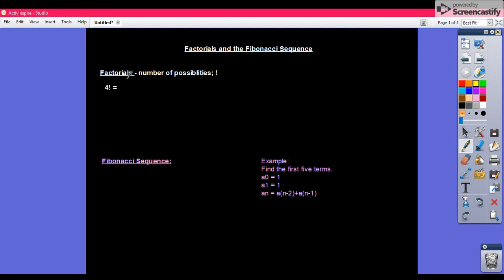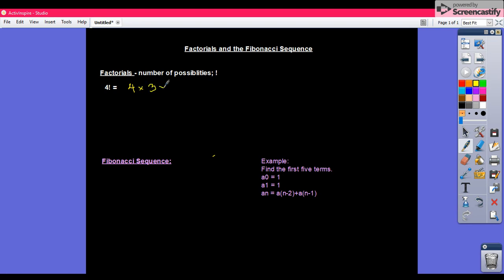If you have a scientific calculator, there is a button for factorial. So you would type in 4, and then there should be a button that says PRB, meaning probability, and you should see the factorial symbol and just type that or push the enter button, and it'll calculate 4 factorial for you. If you're doing it manually, just so you kind of know what it is as well, 4 factorial means you're multiplying 4 times every positive number before it.